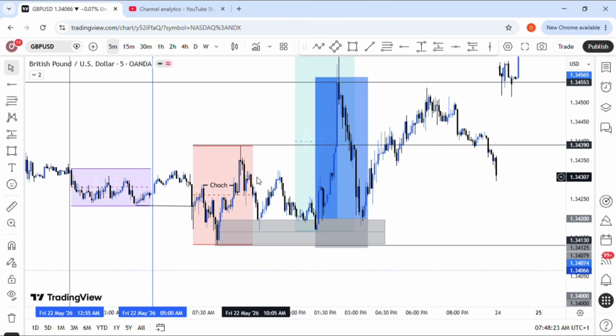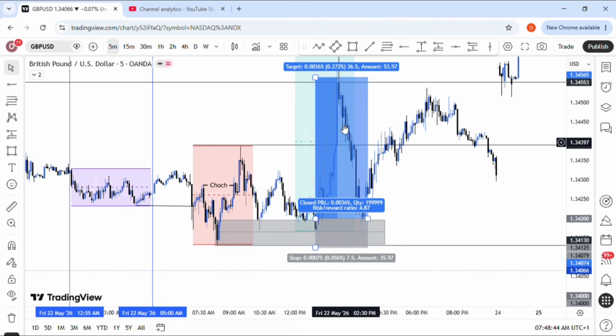Every movement formed inside this particular London, not in the pre-London section, but inside this London. That is why it is important, because everything needs to be formed inside London for us to get this perfect move.